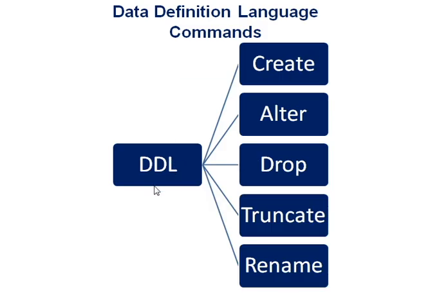So this is the DDL, data definition language commands. The data definition language commands are used to create the structure and make changes to the structure of a database. For example, if you want to store 100 students' information, we need a student table in the database. Initially we need a table.